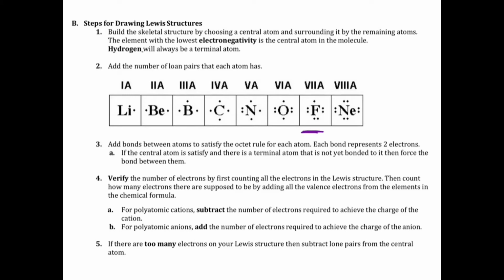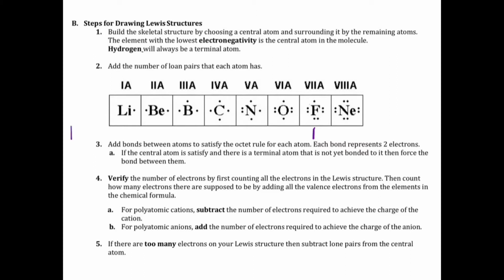Notice how many single electrons there are. Fluorine has 1 single electron. For every single electron there is, that will be 1 bond that element makes. And so fluorine has 1 single electron, so it will make 1 bond.